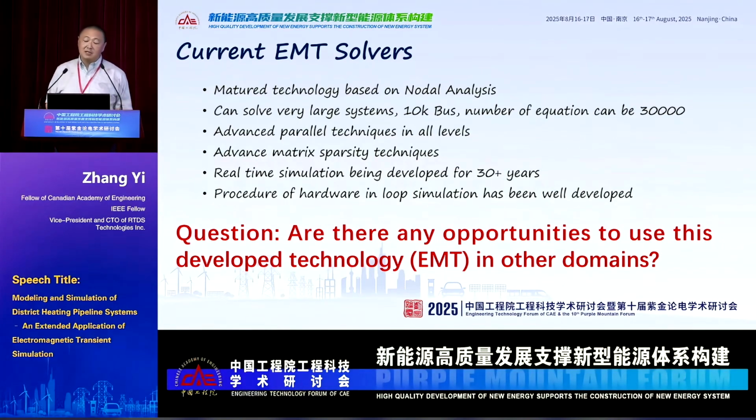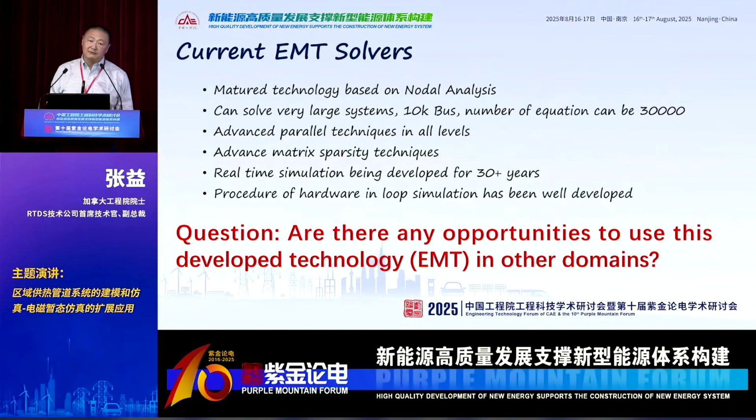If you have 10,000 buses, the number of equations must be at least 30,000, because we have three phases in the power system, plus many dynamics in the control system. So the entire dimension is much higher than that.